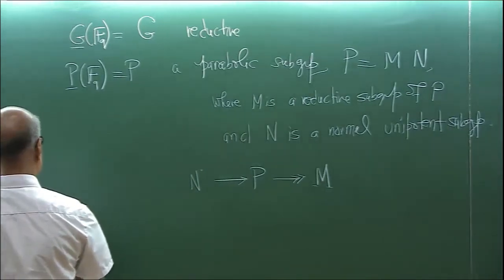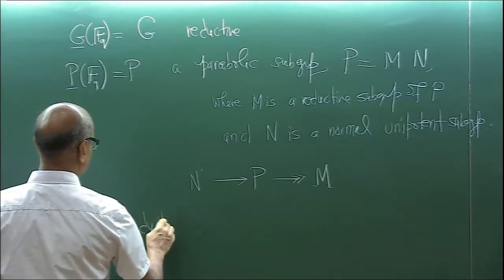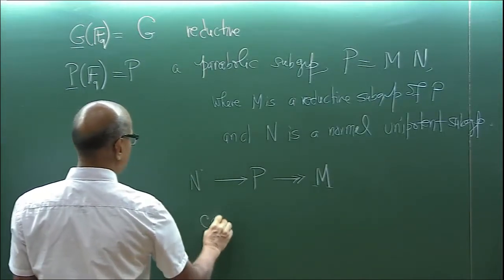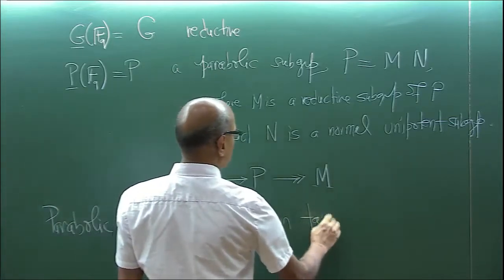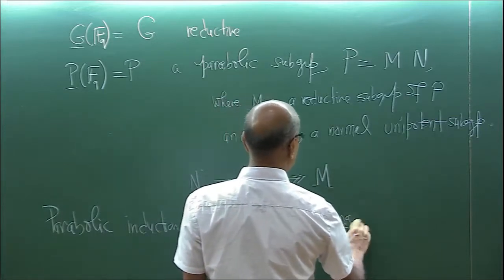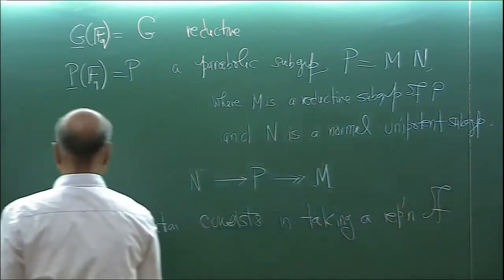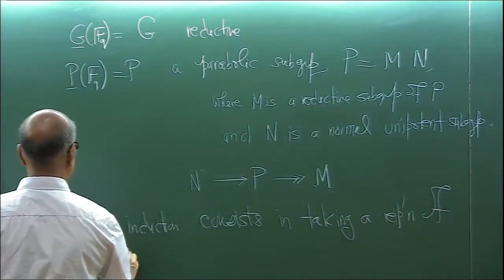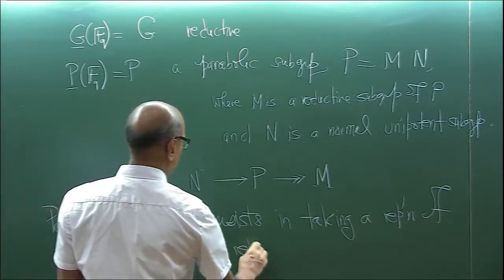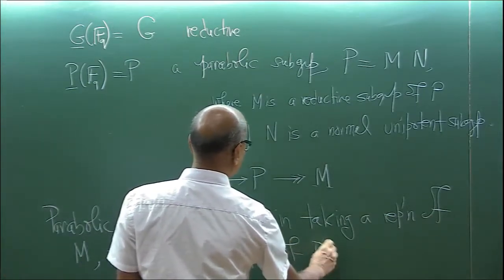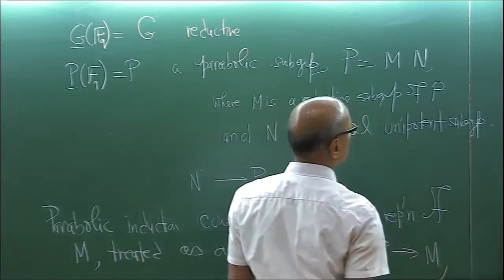And parabolic induction consists in taking a representation of M, treated as a representation of P via this mapping from P to M, and then inducing.